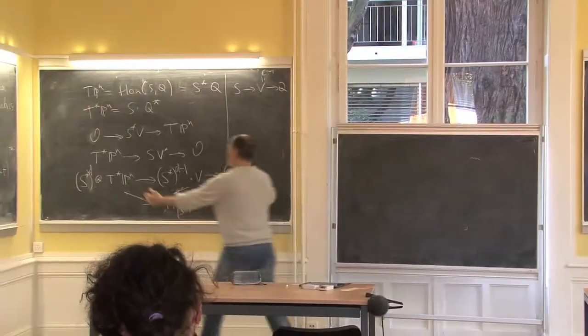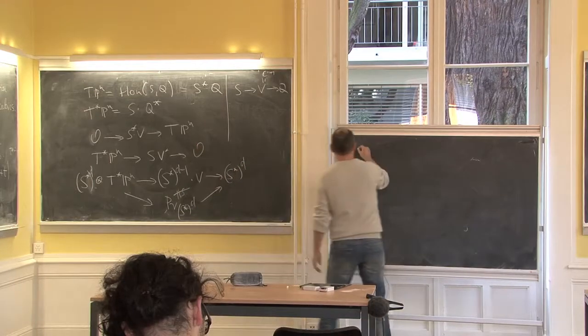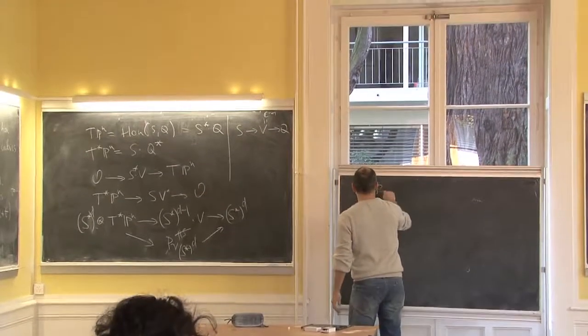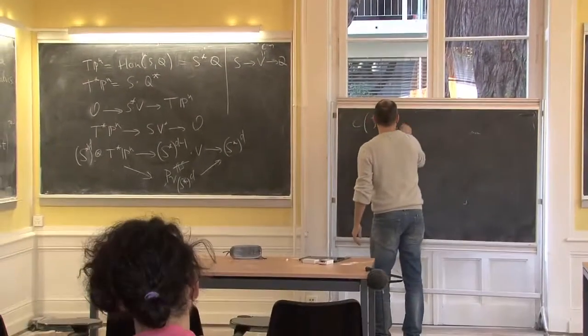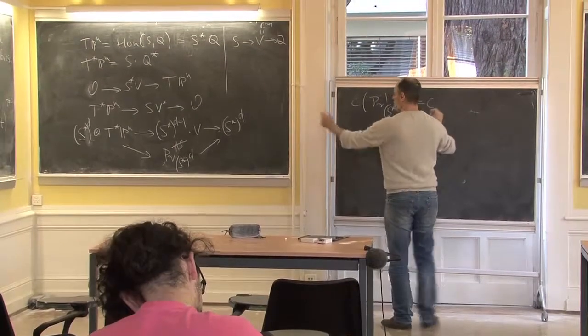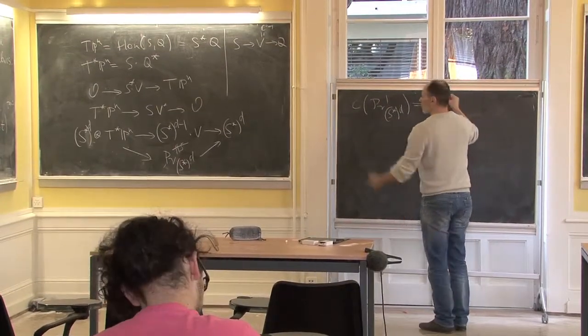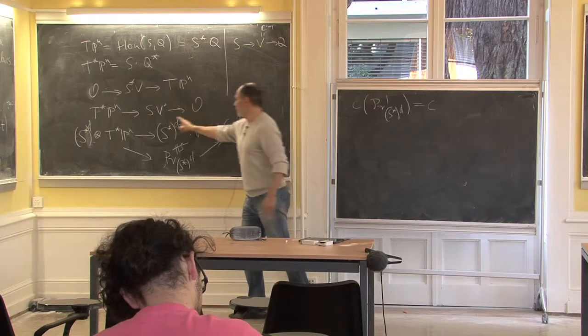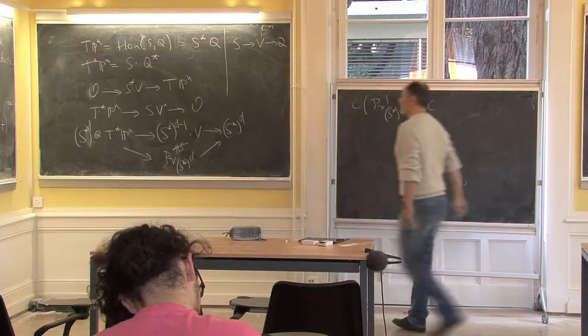Because by Whitney's formula, the total Chern class of this PR1 S star D is the same as the total Chern class of, and now what that means is that you just tensor this line bundle, the trivial bundle, that you just take this many copies of it.